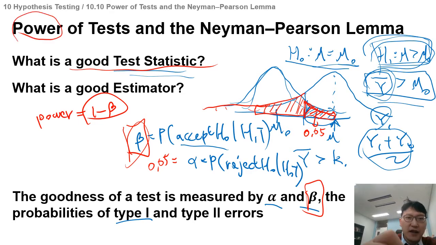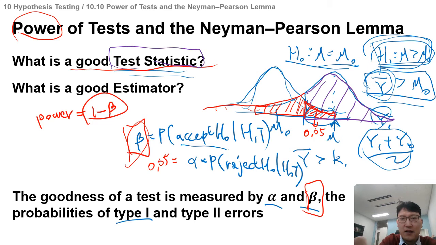The name of chapter 10.10 is power of test and the Neyman-Pearson lemma, and the definition of power is 1 minus beta. So power is this part. We want to maximize this part, and we want a test statistic that maximizes power. That's the concept here.